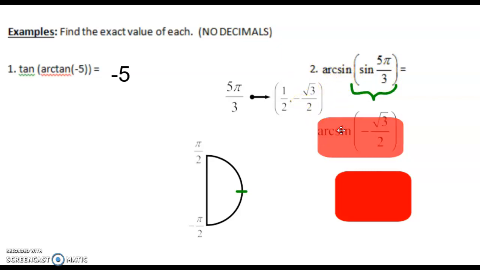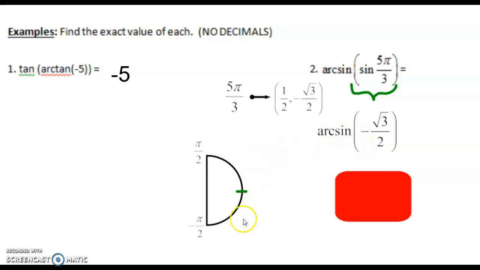So we're able to simplify this function down. So instead of finding the arcsine of sine of 5 pi over 3, the sine of 5 pi over 3 we can replace with -√3 over 2. And now this is exactly like one of the functions you saw in the previous part of chapter 4.7. We're finding what angle measure has a sine of -√3 over 2.